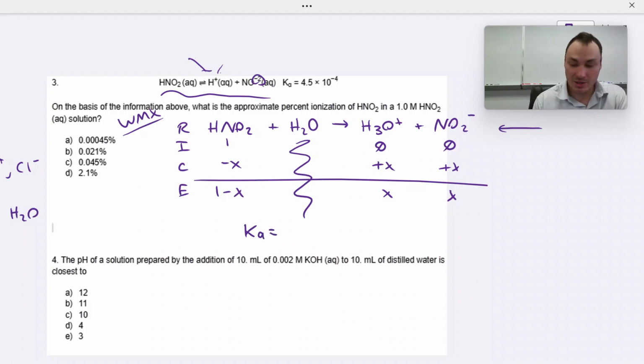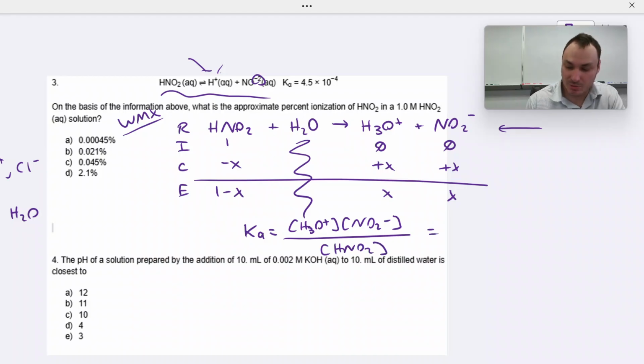The Ka expression is the concentration of H3O plus times the concentration of NO2 minus over the concentration of HNO2. So plugging in the expression and plugging in the Ka that we have, we get 4.5 times 10 to the negative fourth equals x squared over 1 minus x.